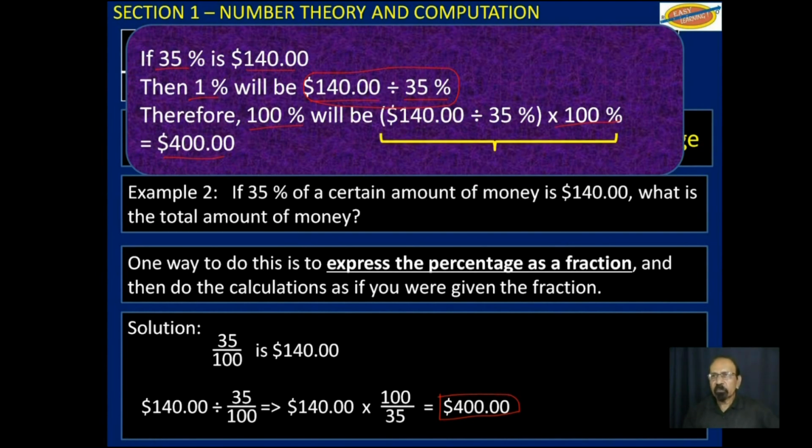So look at this: 140 divided by 35 multiplied by 100. Come down here: 140 multiplied by 100 divided by 35. You will get the same answer.